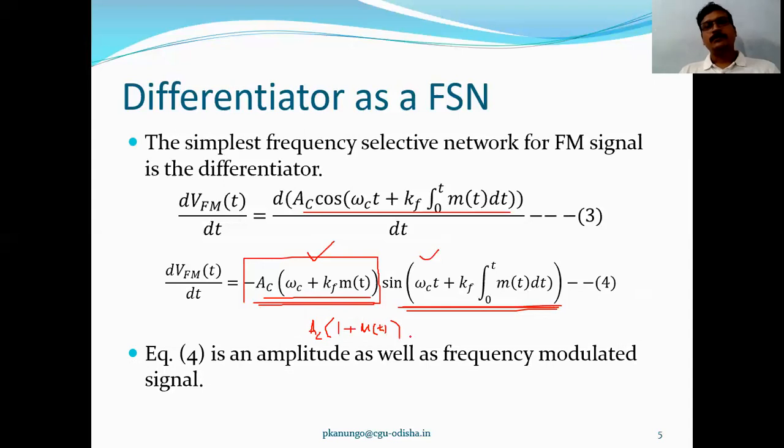Now this term is your amplitude modulated signal. This term is equivalent to this term, and this sine omega ct is a constant frequency term, but here it is a frequency modulated signal. So therefore equation 4 is equivalent to an amplitude as well as frequency modulated signal.